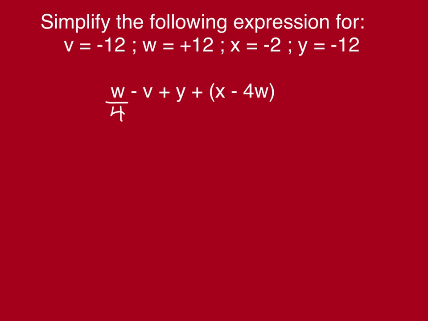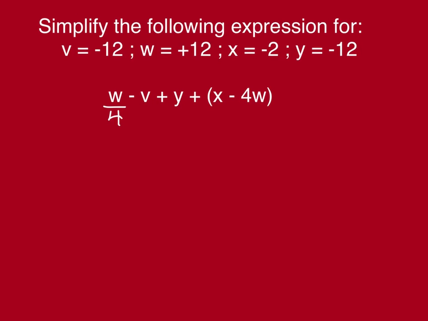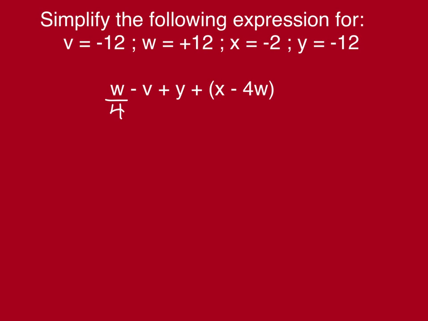So the first thing I see is a W, so I'm going to replace that with 12. Whoops, sorry about that. I've done that plenty of times in these videos. So the first thing I see is W. So I've got W is 12 divided by 4, minus V, which is negative 12, plus Y, which is also negative 12.